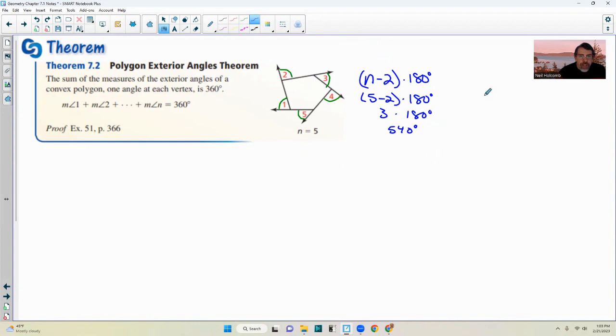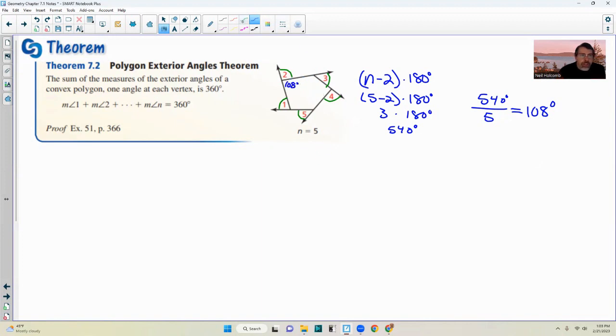Well, if I break 540 degrees up evenly 5 ways, 5 goes into 5 once, 5 will not go into 4, 5 goes into 40 8 times. So I have 108 degrees. So let's pretend this is a regular polygon. This would be 108 degrees.